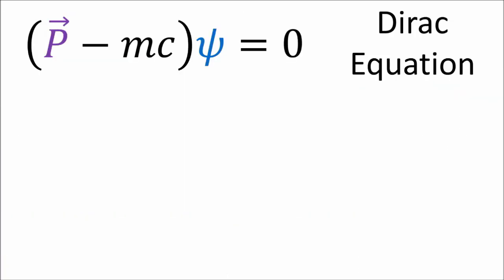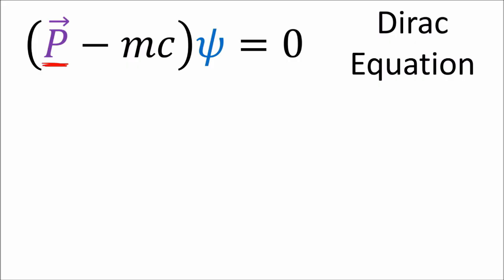So, we've spent a lot of time talking about the gamma matrices and how they are Lorentz transformed. Now let's get back to the Dirac equation. In this video, I will frequently write the Dirac equation simply using the four-momentum vector p.